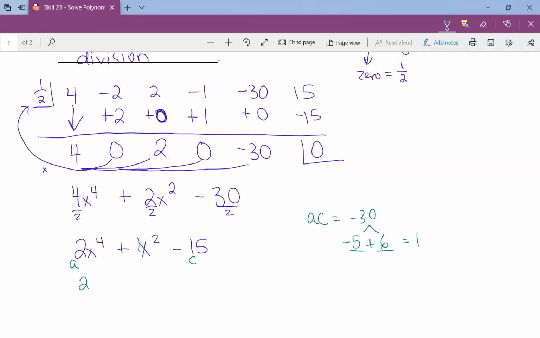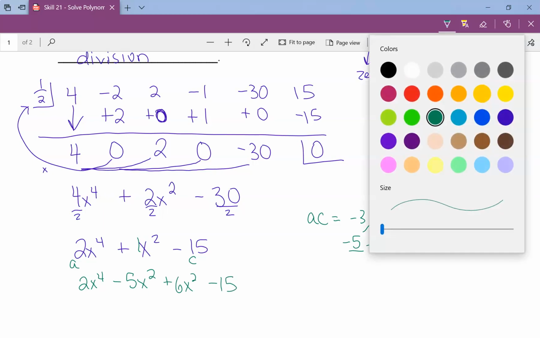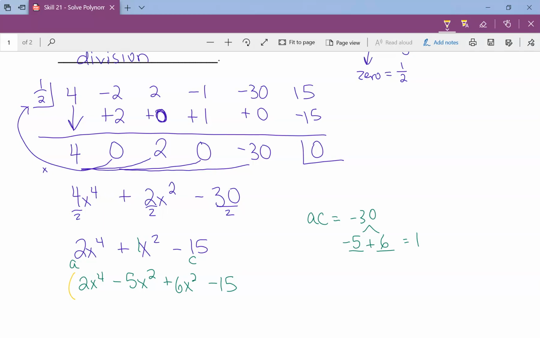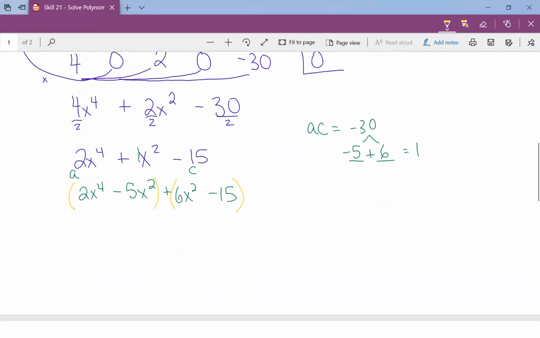So I'll rewrite this as 2x to the 4th minus 5x squared plus 6x squared minus 15. Okay, and then we just factor by grouping. In the first group, I could factor out x squared.